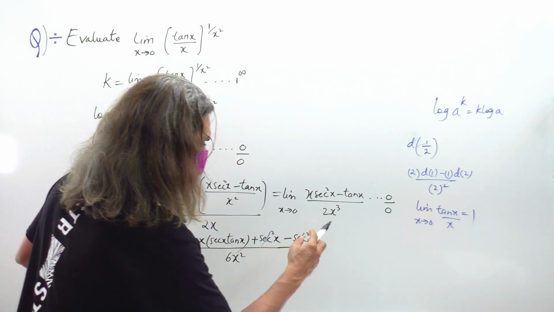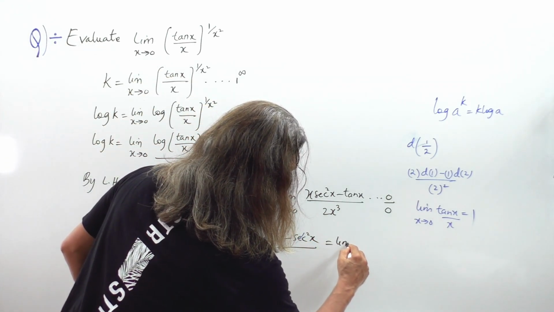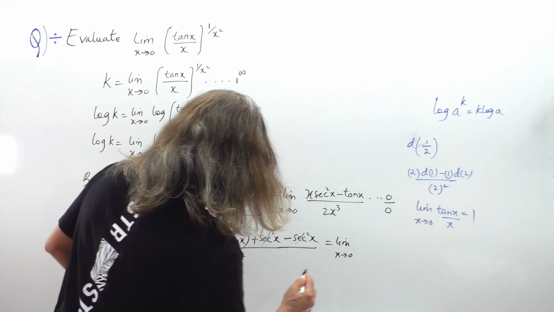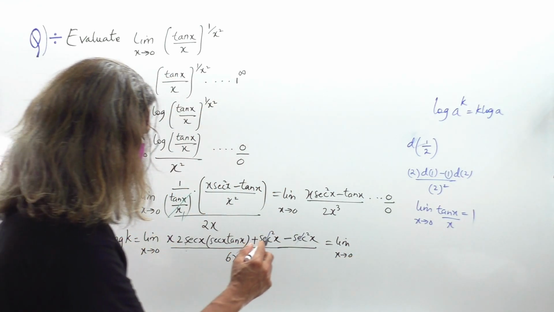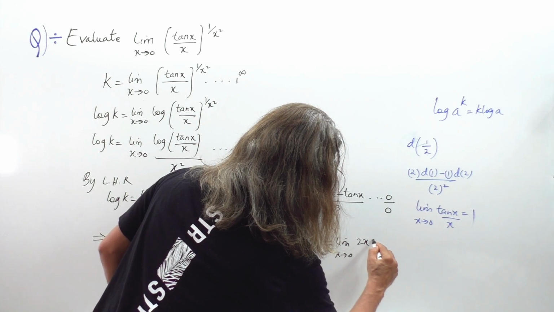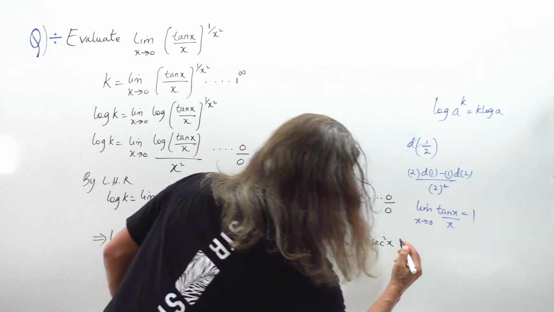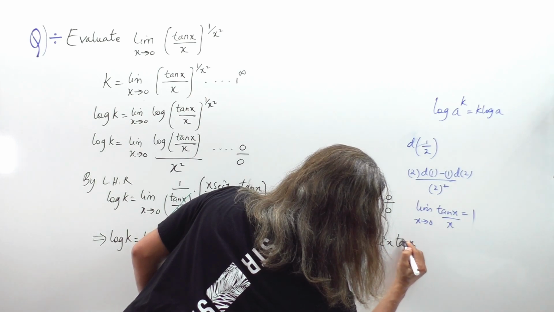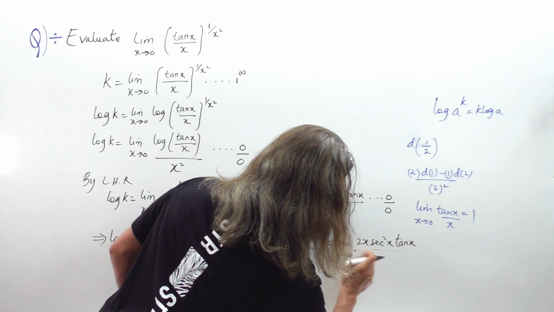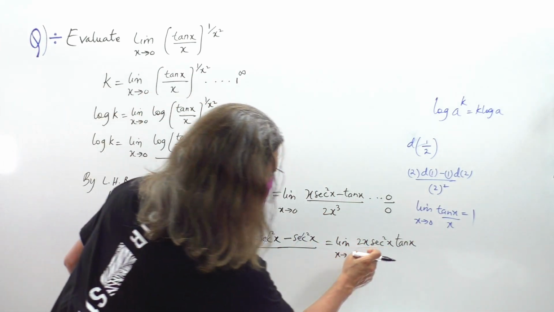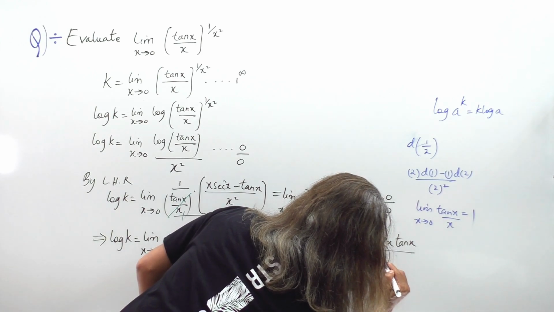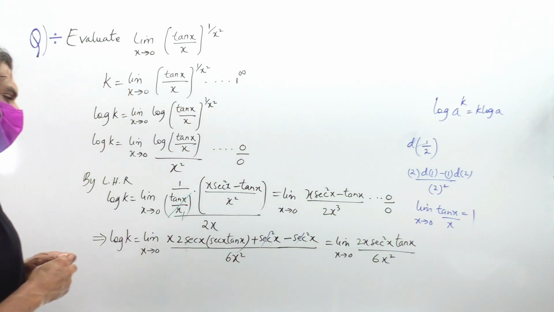We get limit as x tending to 0 of 2x secant square x tan x, whole divided by 6x square. Now here many things cancel.